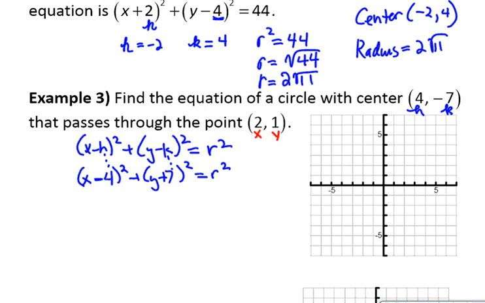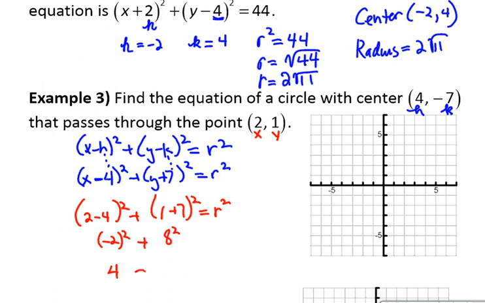So we put x as 2 in here: (2 − 4)² + (1 + 7)² = r². Simplify: we have a negative 2 squared, which is 4, and 8 squared, which is 64, equal to r squared.